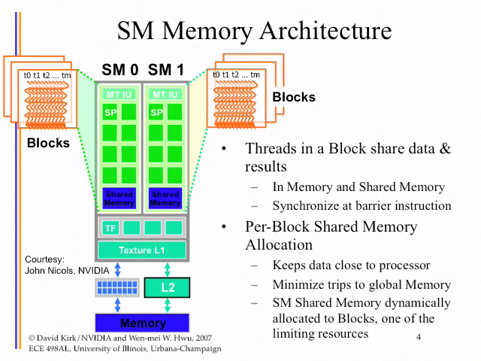So all the threads in a block share data and results in the shared memory, and they synchronize at the barrier sync. And there's a per block shared memory allocation. So this is kind of an interesting thing. That is, you can have a shared resource, but the shared resource will be dynamically partitioned between units or between entities.